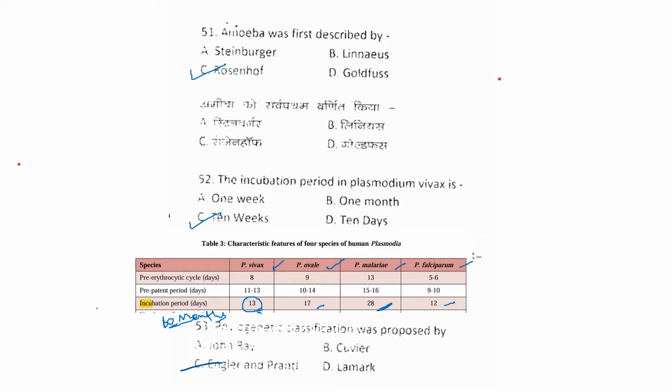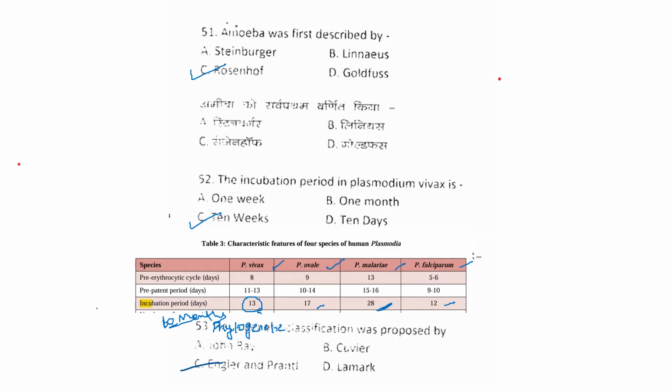Now the next question is about phylogenetic classification. Phylogenetic classification was given by Engler and Prantl. So John Ray actually gave this concept of species and genus.